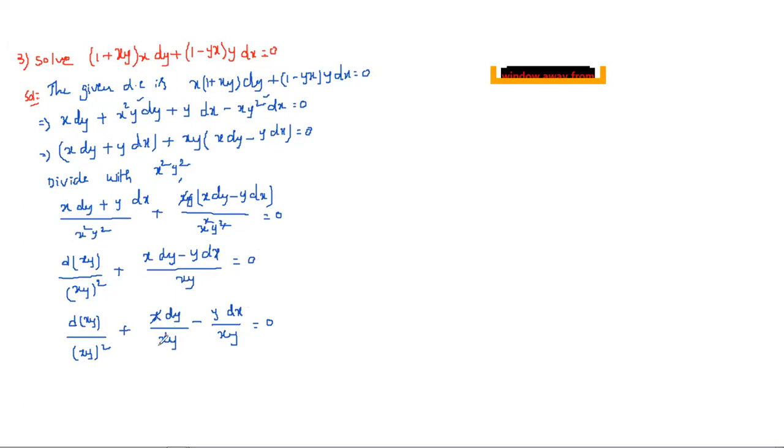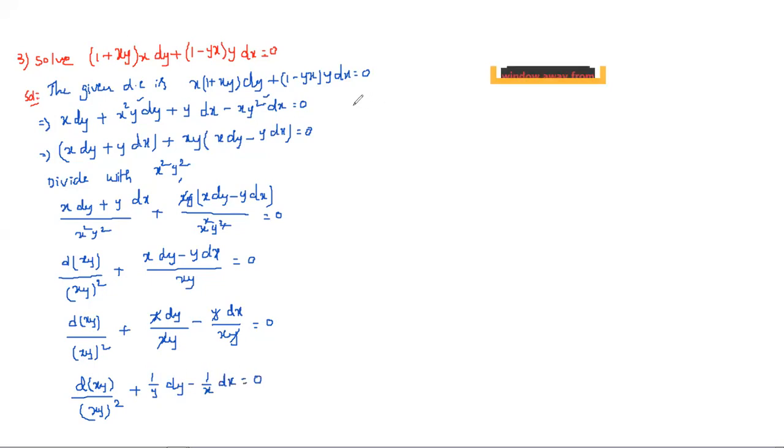The x's cancel and the y's cancel, so we get d(xy) by (xy) whole squared plus 1 by y dy minus 1 by x dx is equal to 0.